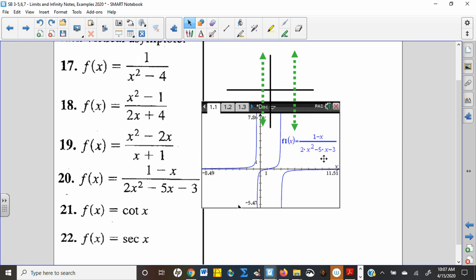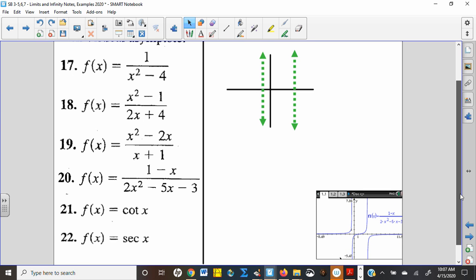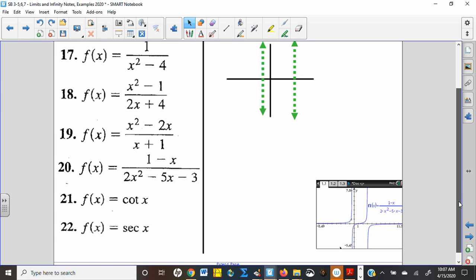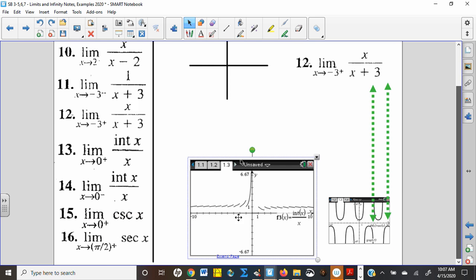All right. Number 21 and 22 were a little different because cotangent and secant. We actually just did the secant graph over here, didn't we? Didn't we do the limit as we approached pi over 2 from the right of secant?